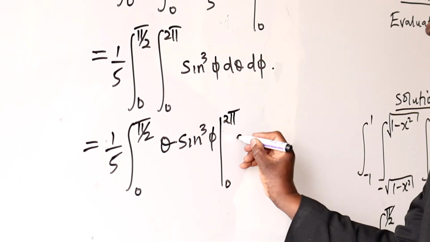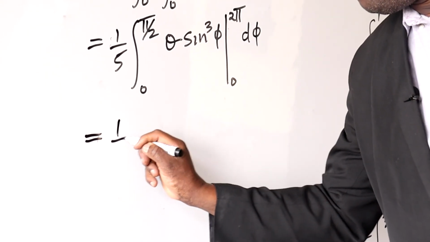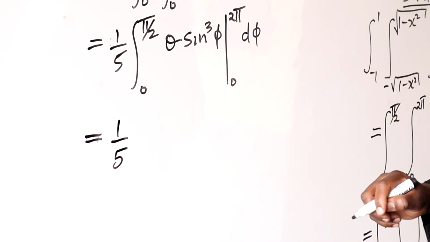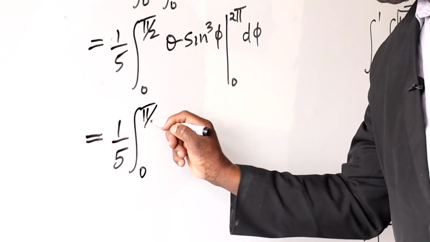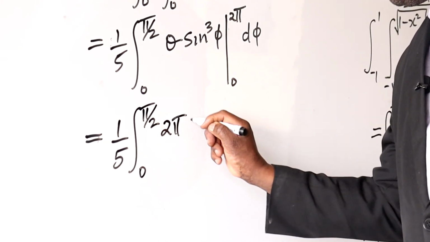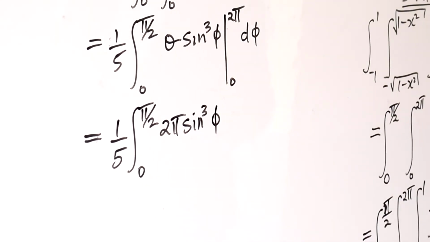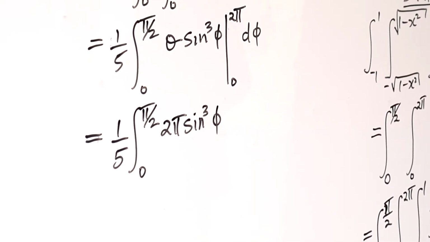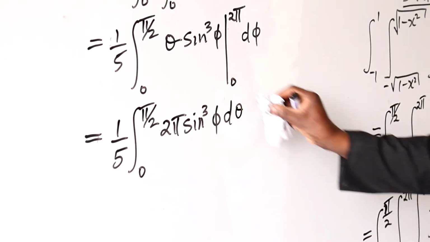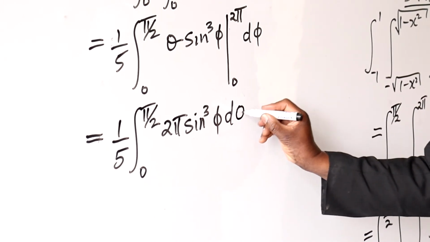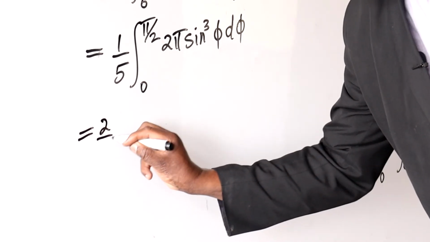Then here we have d phi, which will be equal to 1 all over 5, the integral from 0 to pi over 2 of 2 pi sine cubed phi d phi. Two pi, we take it out, it will be 2 all over 5 pi.